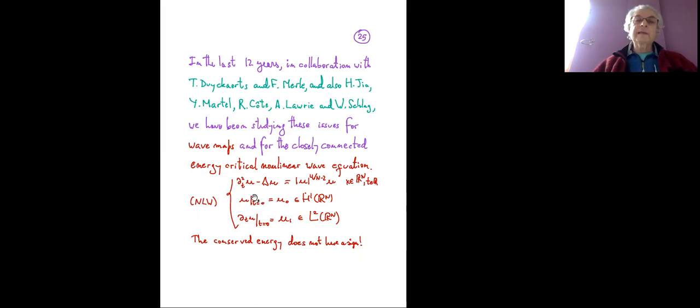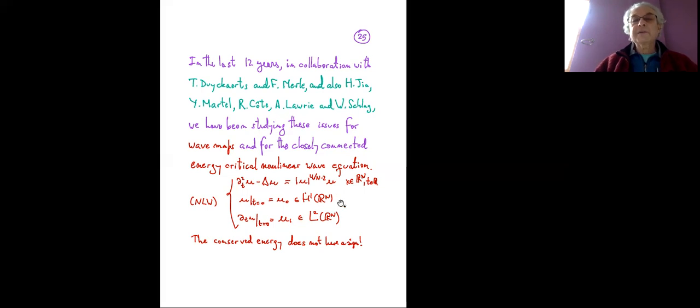This is the following semilinear wave equation. We have the D'Alembertian of u equal to the power |u|^(4/(n-2)) times u itself. And you give the initial data u0, which has a gradient in L2, and the time derivative u1, which is a function in L2. This equation also has a conserved energy, but it does not have a sign.